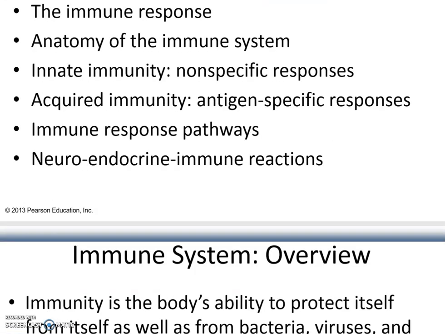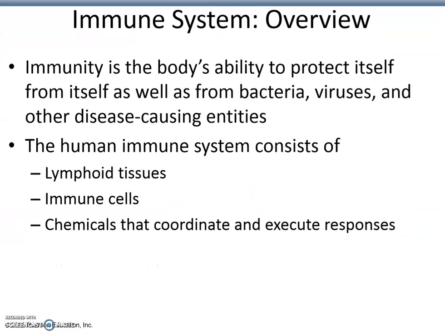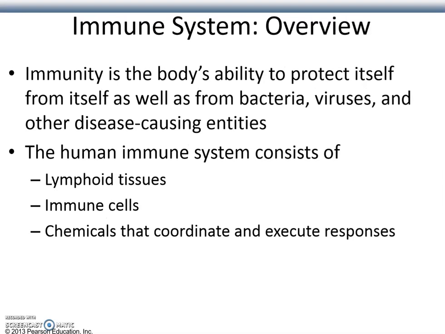So first, here our overview of the immune system, and I would just try to paint a picture in your mind of how the immune system works. Think of it as a three-tier system, kind of like we had the 3 tiers of the endocrine system, but here it's slightly different. Picture how you would defend yourself.